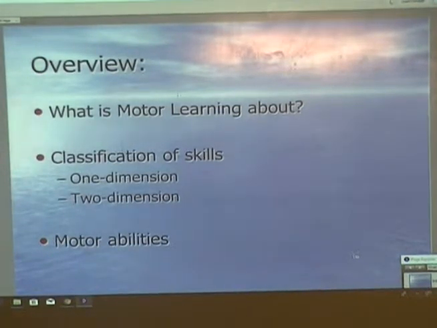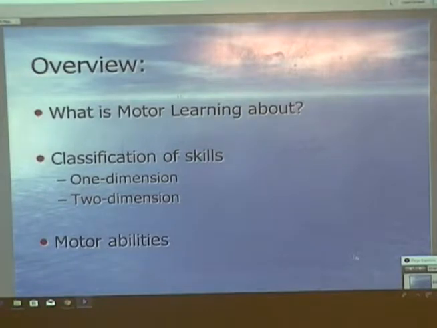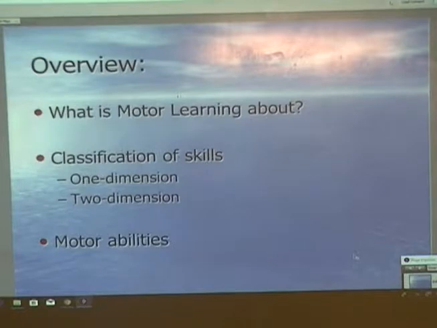All right, so we're going to talk about what motor learning is, and then we're going to look at a one-dimensional classification of skills, and then we'll go through the two-dimensional one that's on the handout that I gave you. And then if we have time, we'll take a look at the concept of motor abilities.